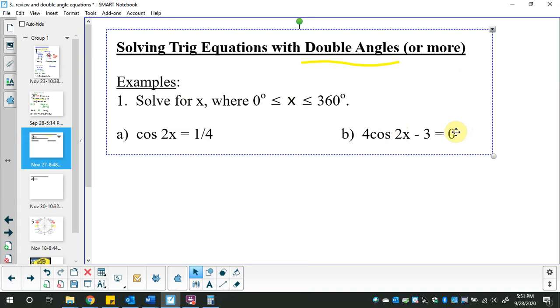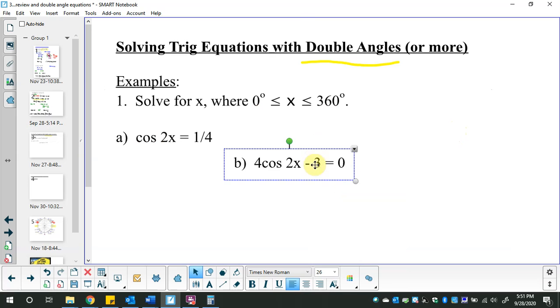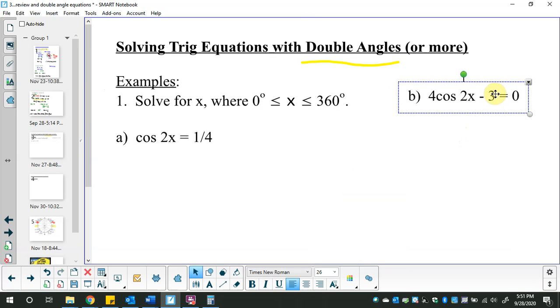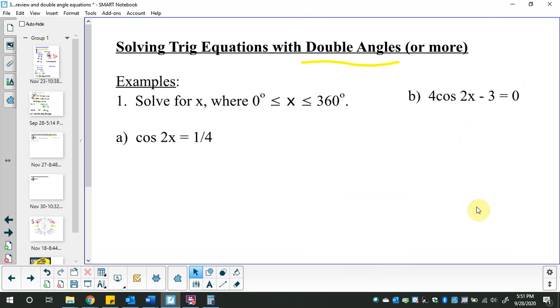So I need to take a minute to unlock this and move this out so I have a lot of space to play with question A. Let's lock that in so it's not movable. Alright, so there is an inconsistency in this question, as with all double angle or more questions, and that is that this does not match this.